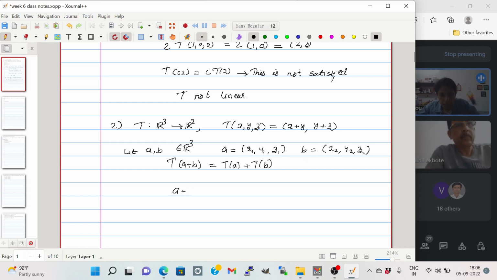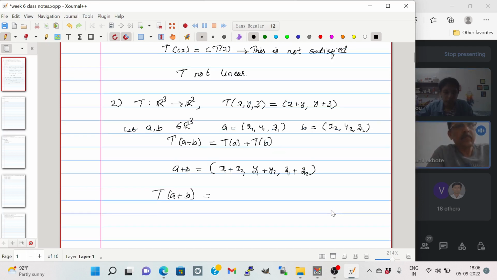So, what is A plus B? A plus B is x1 plus x2, y1 plus y2, z1 plus z2. Then, what is T of A plus B? T of A plus B means T of, in the position of x, we have now x1 plus x2. In the second position, we have y1 plus y2 and z1 plus z2. So, by definition, what will be this value?